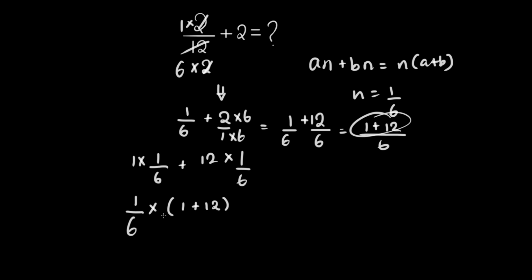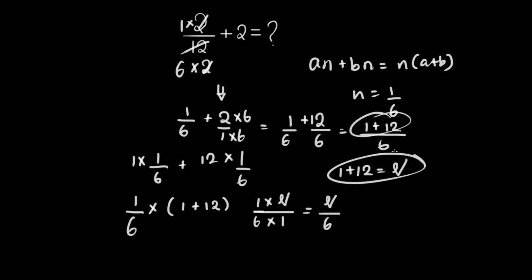Now, what is 1 by 6 into 1 plus 12? If I think of 1 plus 12 as v, then that's 1 into v by 6, multiplied. 1 into v is v for me, and 6 into 1 is 6. And what the heck is v?